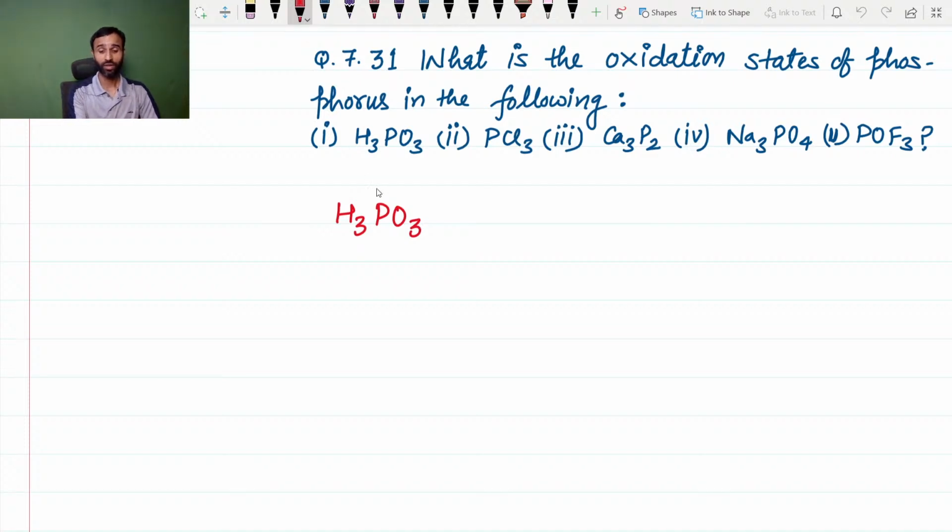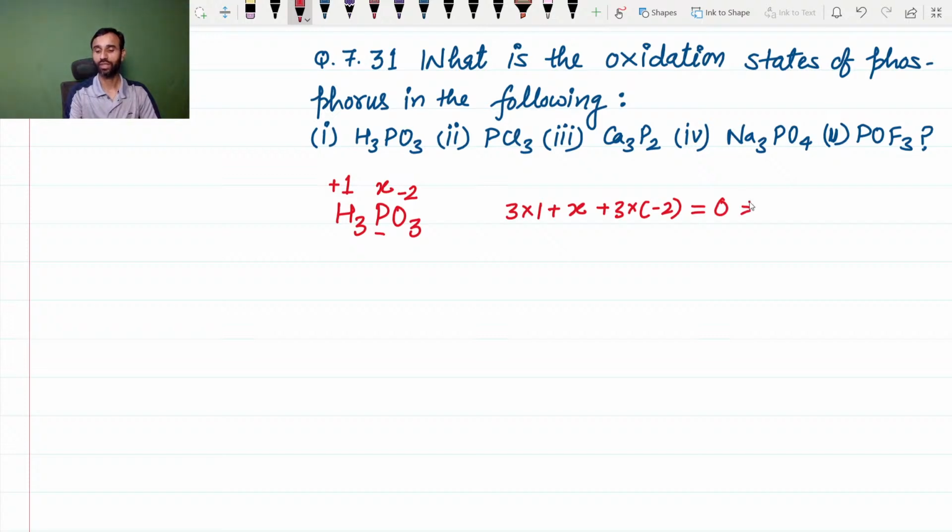The element whose oxidation state we have to calculate is taken as X. Now, hydrogen when attached to phosphorus has +1, and oxygen -2. So it is 3 into 1 plus 1 into X, because only one phosphorus is there, plus 3 into -2, and the whole charge equals 0.